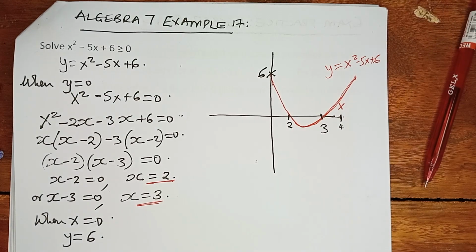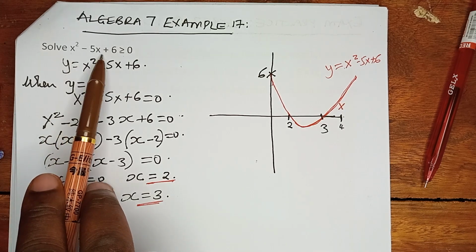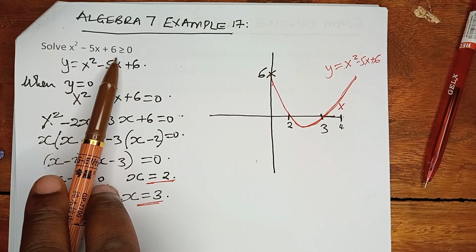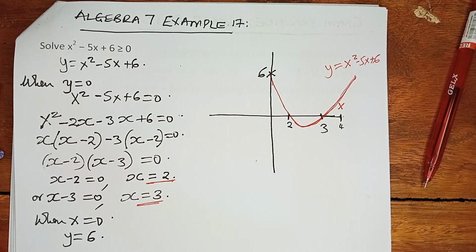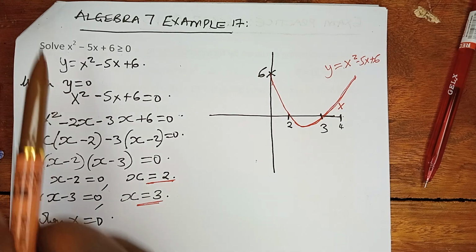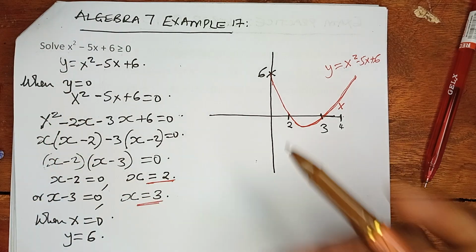That is our graph. Let's go back to the original question. It's talking about x squared minus 5x plus 6 is greater than or equal to 0. What is the meaning of that? Every value of y which we are interested in is greater than 0.